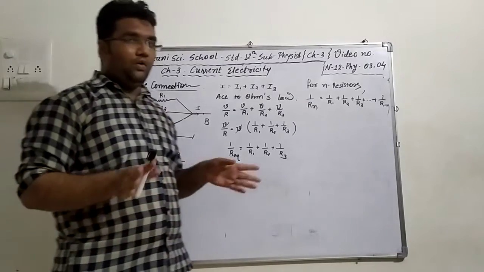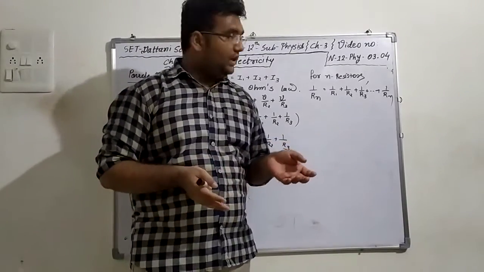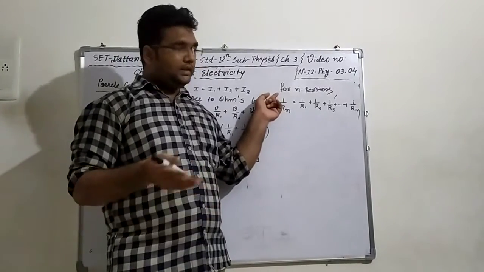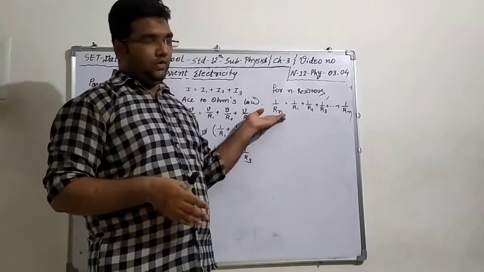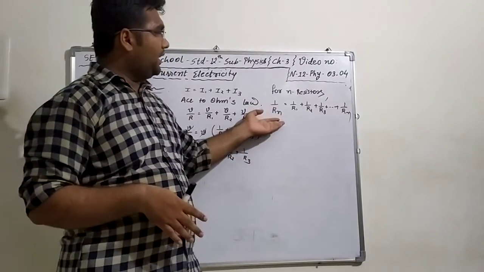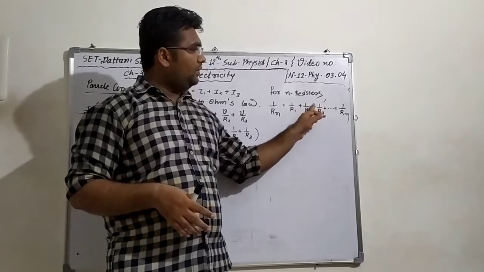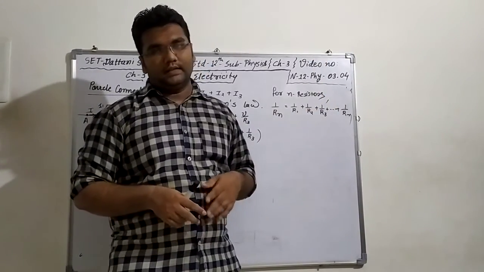If you want to connect more than three resistances, then you use this formula for many resistances. N can be whatever number you want to connect in parallel. 1 upon Rn equal to 1 upon R1 plus 1 upon R2 plus 1 upon R3 up to 1 upon Rn. Thank you.